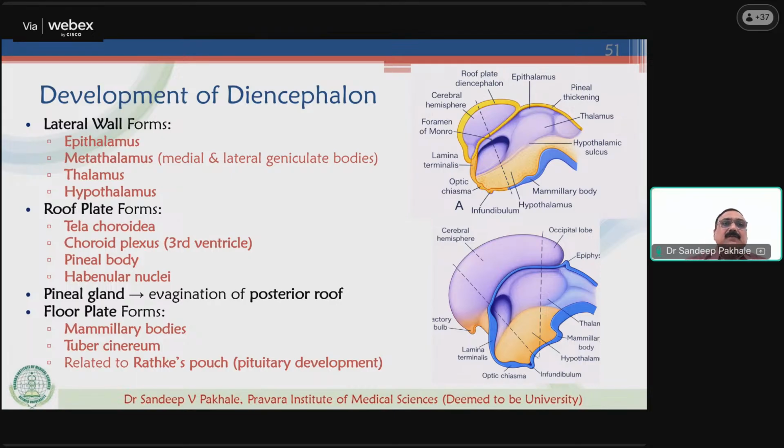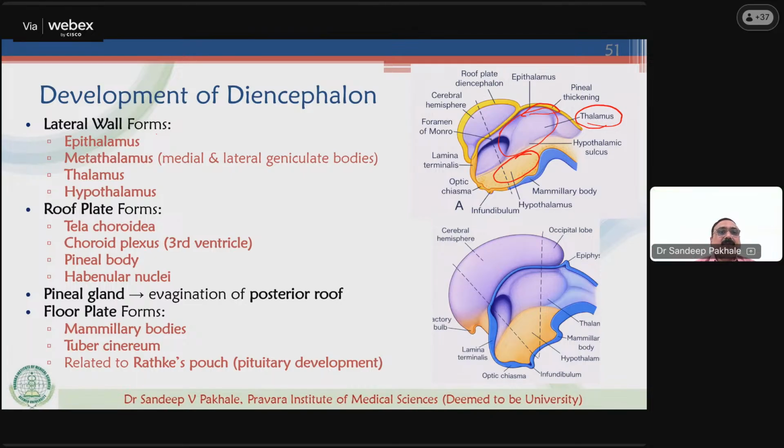The lateral wall forms the epithalamus, thalamus, metathalamus, and hypothalamus. So you can see here, this is the lateral wall portion, and this is the hypothalamus.